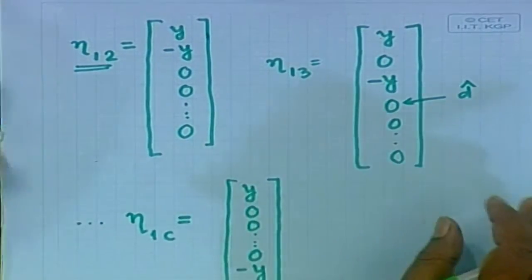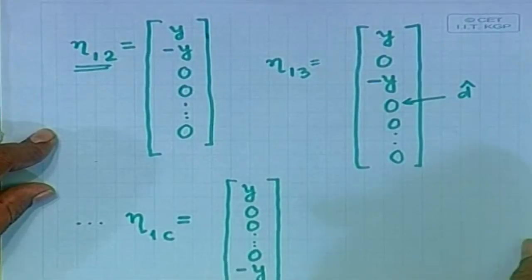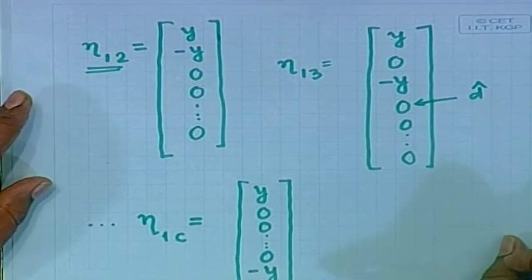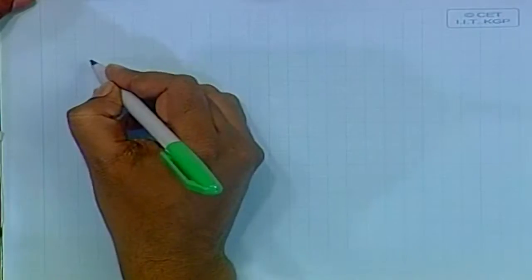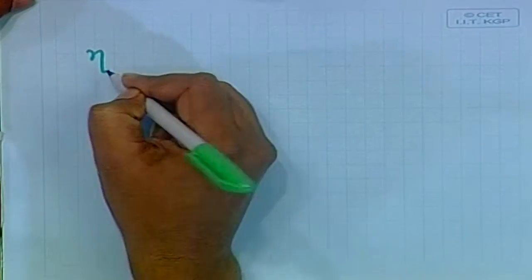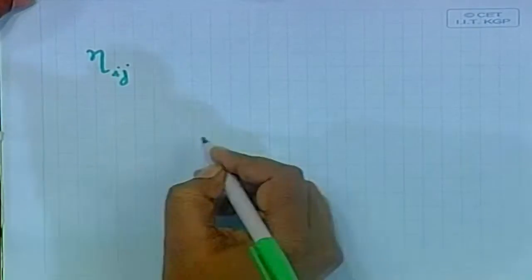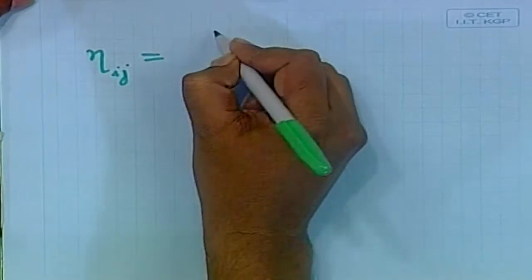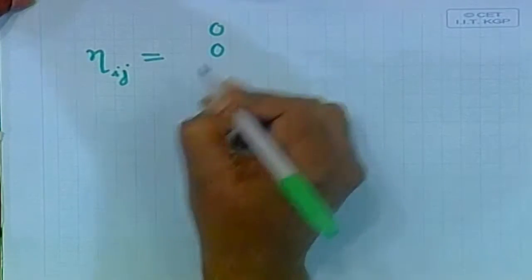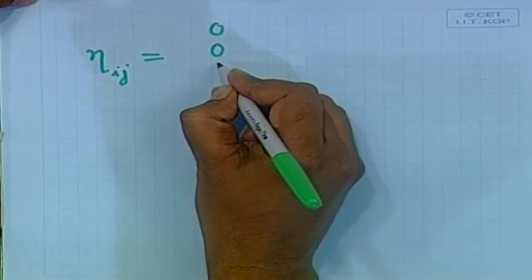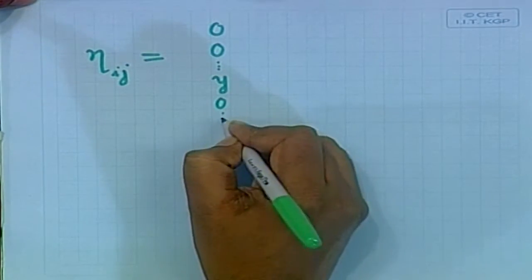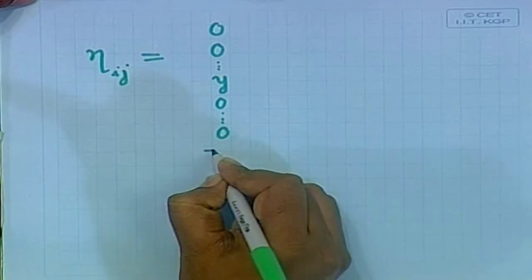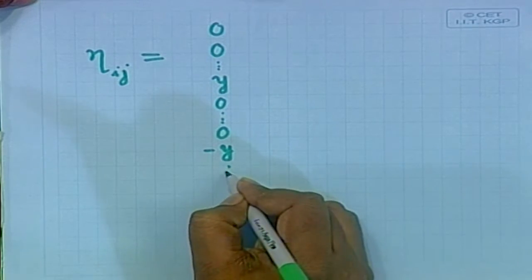So, this is what we have considered for a particular case by assuming i is equal to 1. In general, a feature vector eta ij will be something like this: it will have components 0, the ith component will be equal to y, the jth component will be minus y, followed by zeros again.